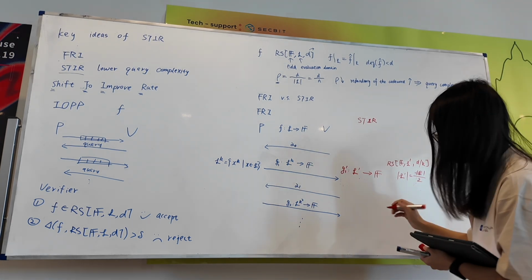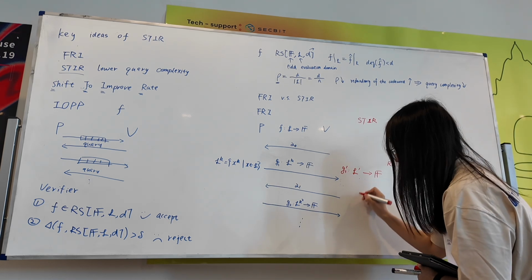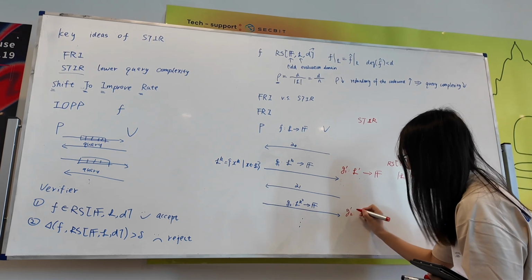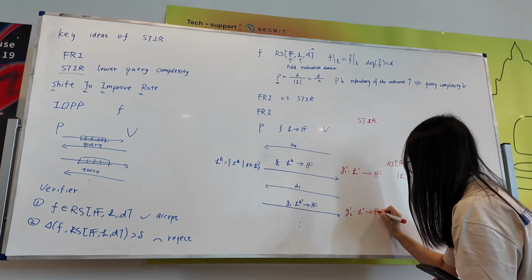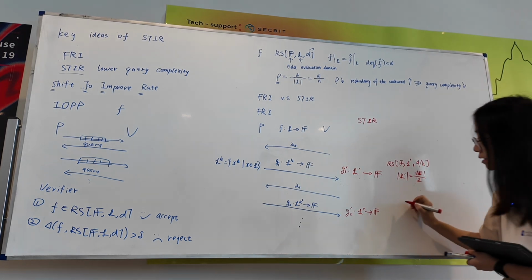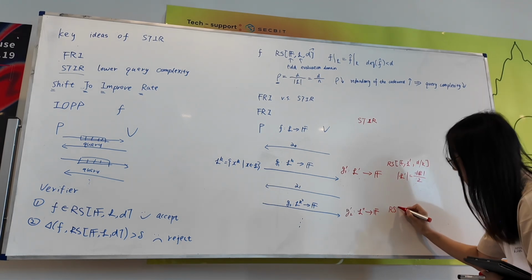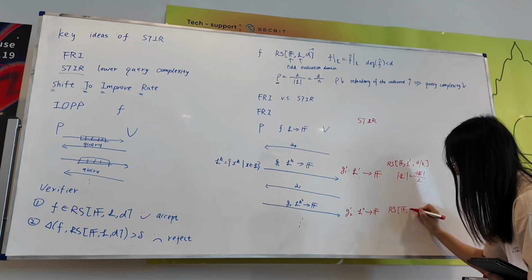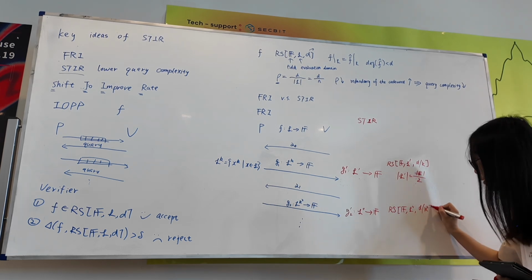Then g2 prime, and the verifier will check that g2 prime is a code word from RS[F, L prime, d over k squared].